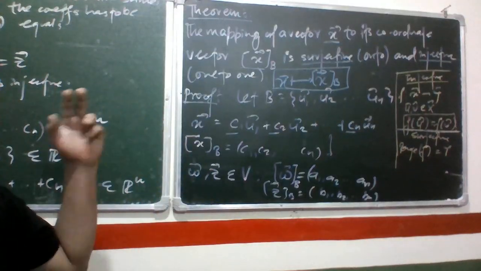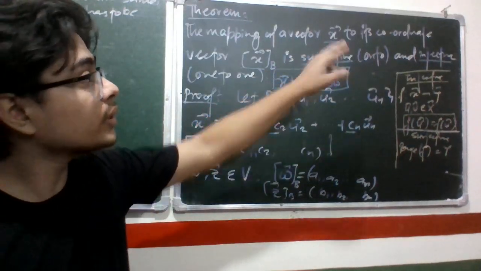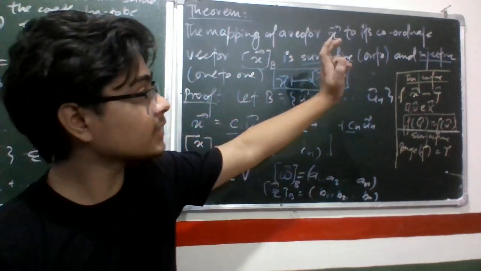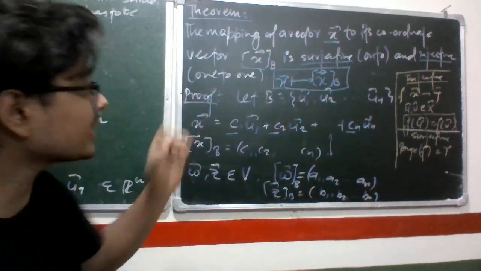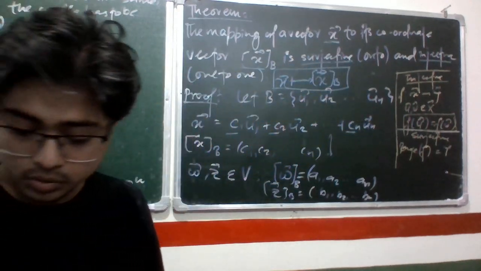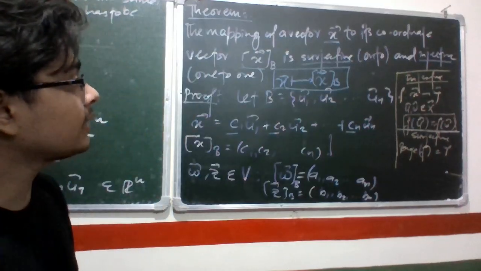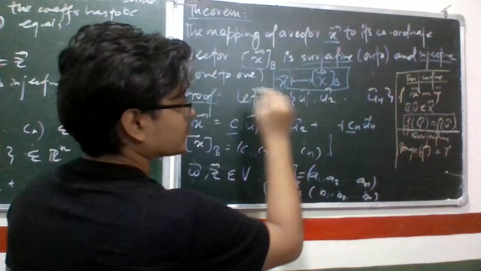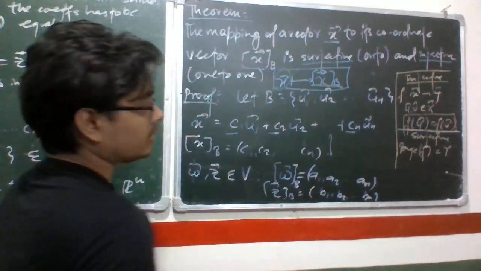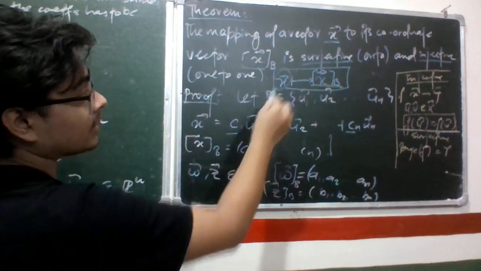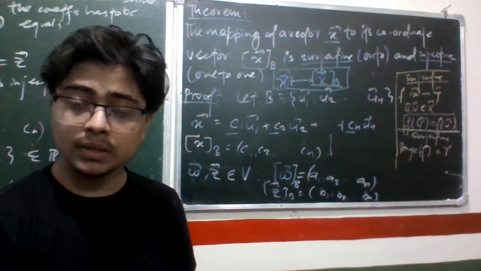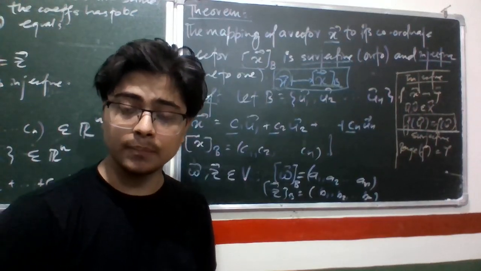It says that the mapping of a vector x to its coordinate vector xb is surjective and injective. So we have to prove that this linear mapping from x vector to the coordinate vector is surjective as well as injective. That means the mapping is bijective.